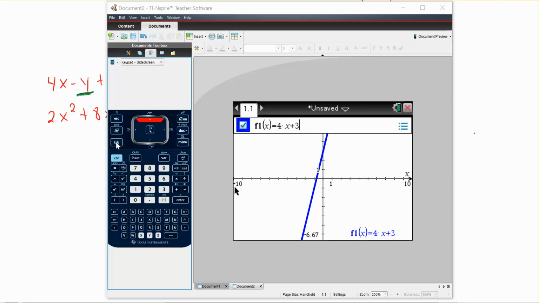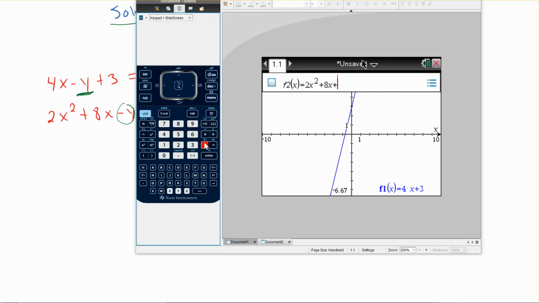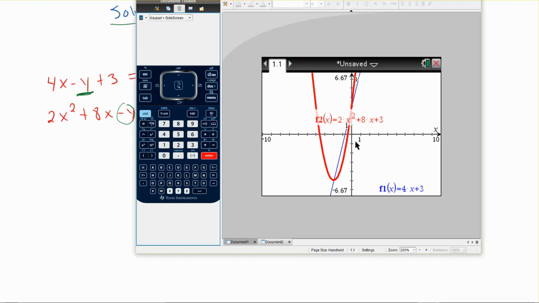Then f2: I'm going to put in 2x squared plus 8x plus 3. Then I push enter, and you can see I've got kind of what I sketched before. I was a little bit off.